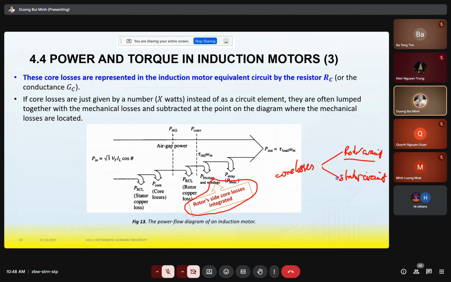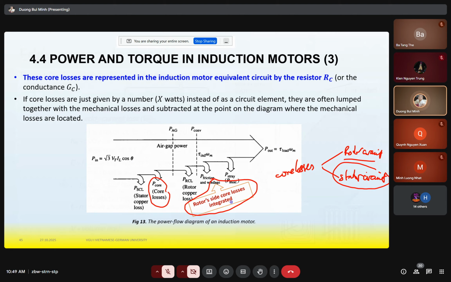But normally the core loss from the stator circuit is much higher than that of the rotor circuit. So here we only mention the core losses at the stator side.